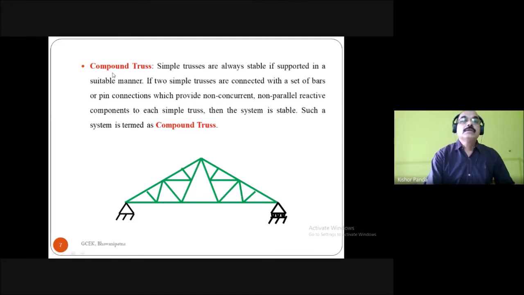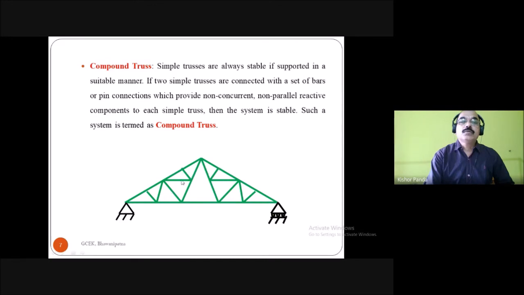Simple trusses are always stable if supported in a suitable manner. If two simple trusses are connected with a set of bars or pin connections which provide non-concurrent, non-parallel reactive components to each simple truss, then the system is stable. Such a system is termed a compound truss. So this is your compound truss.